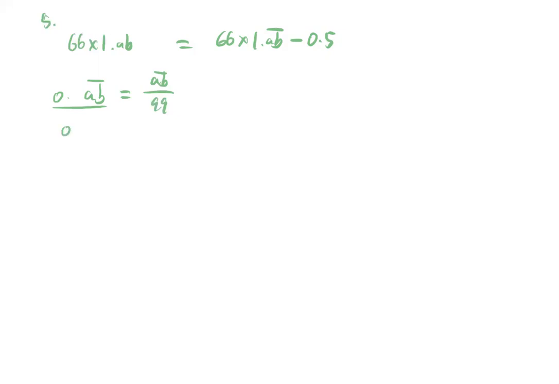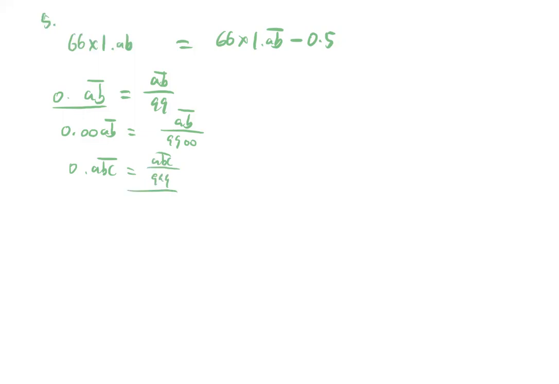If it's 0.00AB recurring, that's AB divided by 99 divided by 100. And if we have ABC recurring, it's the same, except we add 1 more 9. This is something you should remember if you're doing the AMC.